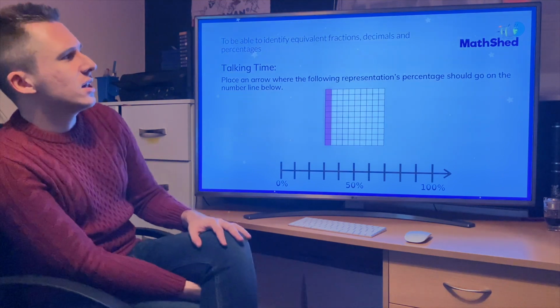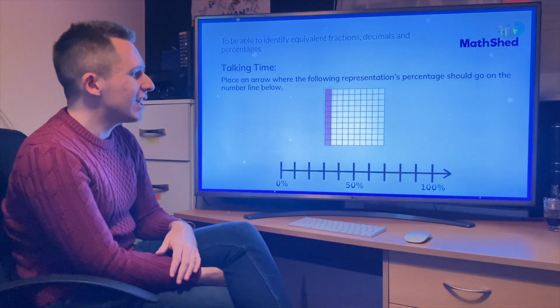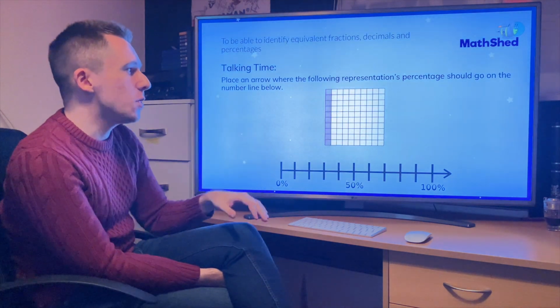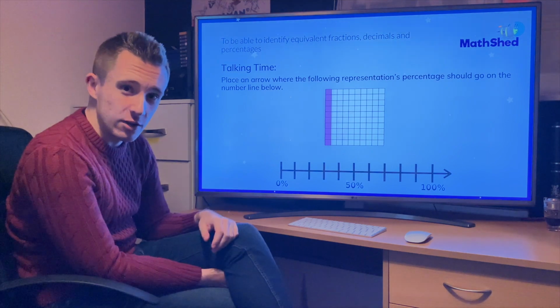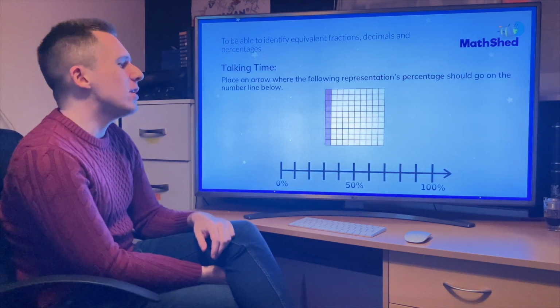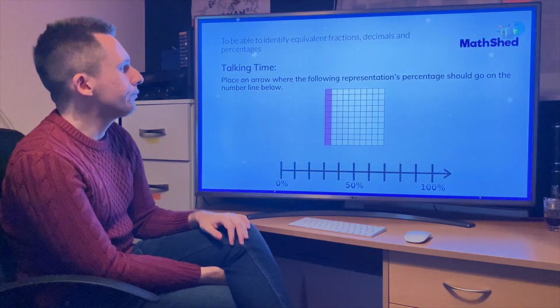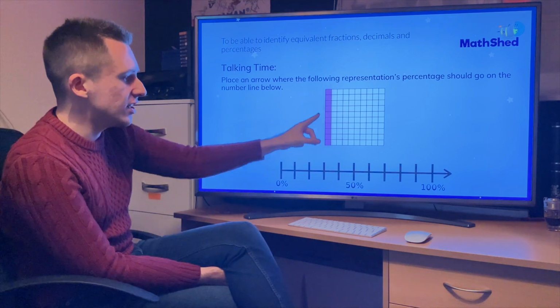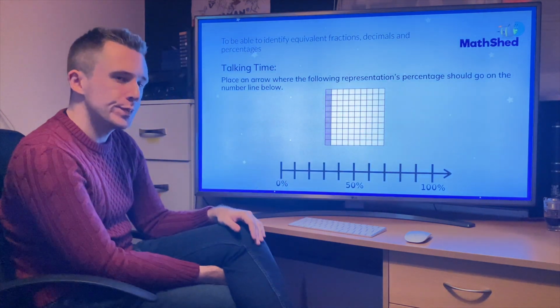All right, for this one then we're moving on slightly. We're looking at a grid. Now on this grid I can tell you there are 100 squares. You can count them if you like, or you can just take my word for it, but I promise you there are 100 squares. And we're looking at how many of them are shaded in pink. So for this one, there are 10 shaded in pink. 10 out of 100.